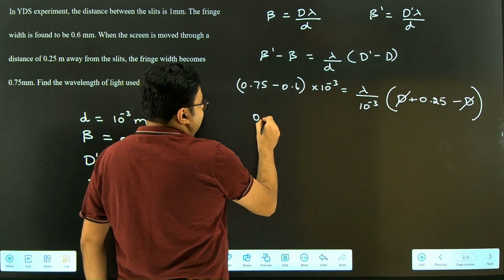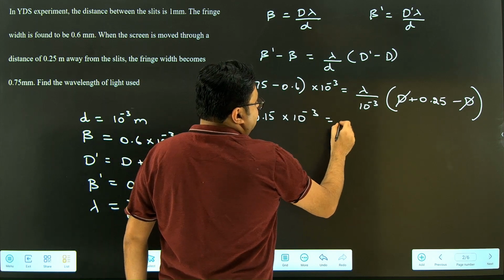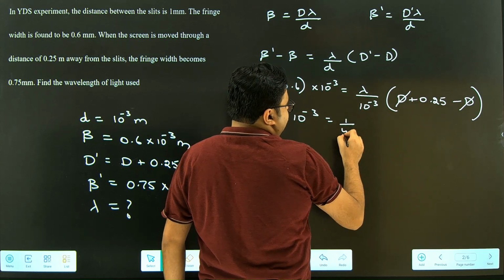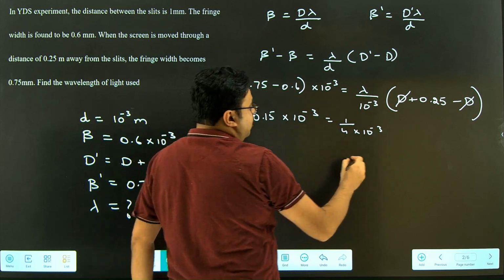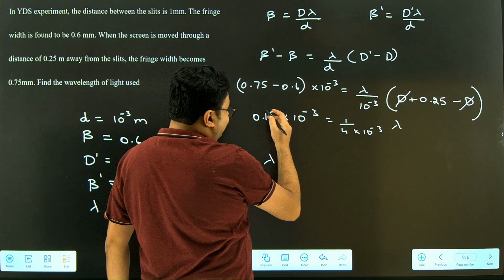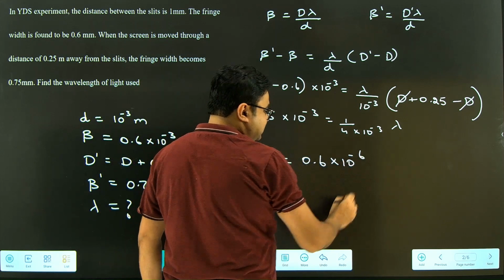So we have 0.15 multiplied by 10 to the power of minus 3 equal to, we have 0.25 can be written as 1 by 4, into 10 to the power of minus 3. 0.25 is 1 by 4. That's lambda. So what does lambda become equal to? Lambda becomes equal to 4 into 0.15, which is 0.6, into 10 to the power of minus 6.